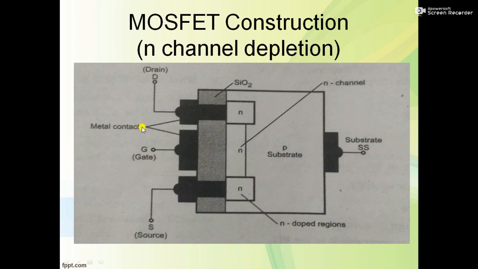And there is a contact between all three terminals with the silicon dioxide layer. For this reason, there is no direct electrical connection between the gate terminal and the channel of the MOSFET. So this is about the construction part.